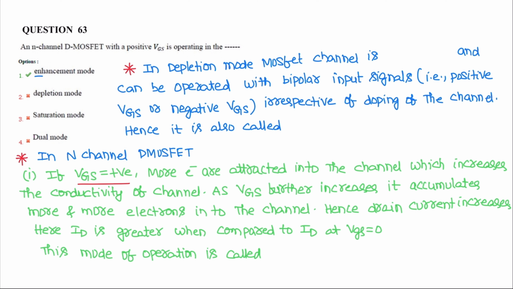Here, drain current is greater than IDSS, the current at VGS equal to 0. This mode of operation is called enhancement mode.